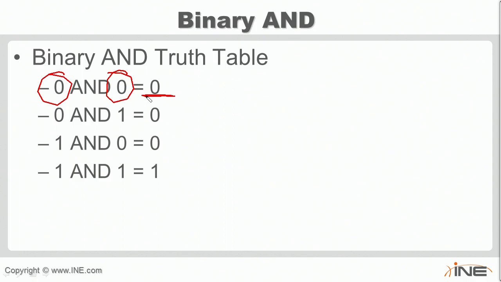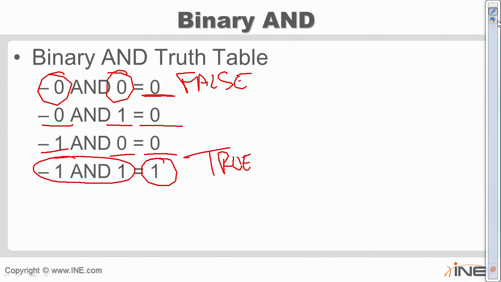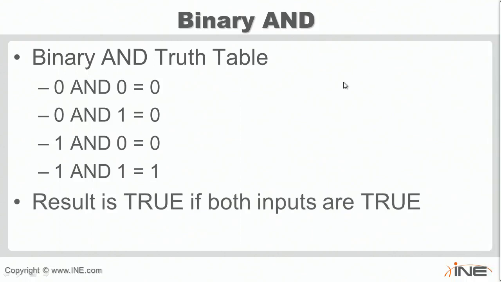The result is 0. If mine is a 0 and theirs is a 1, the result is 0. If mine is a 1, theirs is a 0, the result is 1. The only case where this is true, where in binary true is going to be a 1 and false is going to be a 0, it's only when both of the inputs are 1 at the same time. So the result is true if both of the inputs are true.